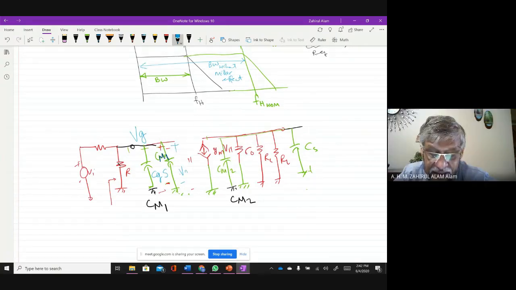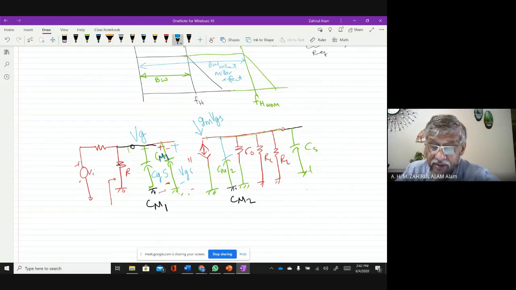So this is CGS. And gm V pi is gm VGS. And others are the same.